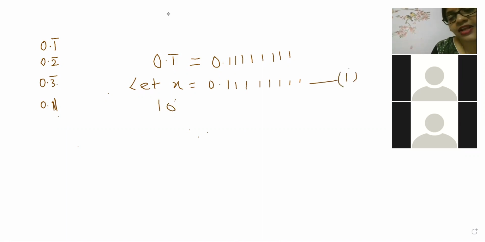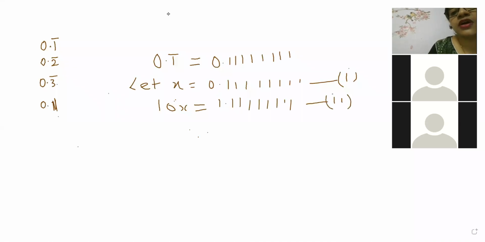This is rough, I am telling. Tomorrow again I am going to teach this one. So this will become 10x is equal to, now 10 will multiply on both sides of equation 1. So here it will become 10x, here it will become 10 times this, so the decimal will shift by one.